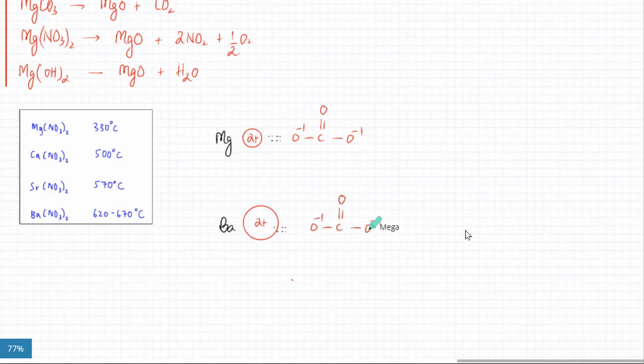Now, what that would do is that when you have barium carbonate down the group, the ions become bigger and the charge density decreases. So if the size of the ion becomes bigger, the charge becomes less effective. There's lesser attraction between the negative and positive ions. Remember, the charge is a lot stronger if the ion is smaller in size. The charge is more concentrated, so it's going to be a stronger attraction.